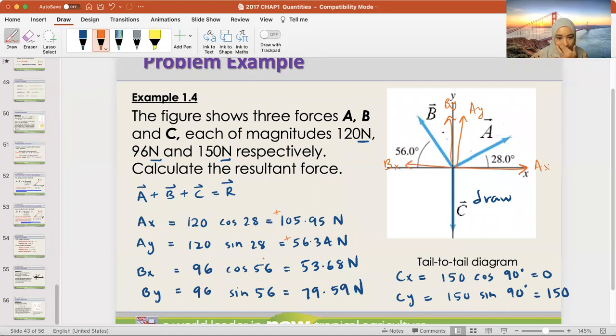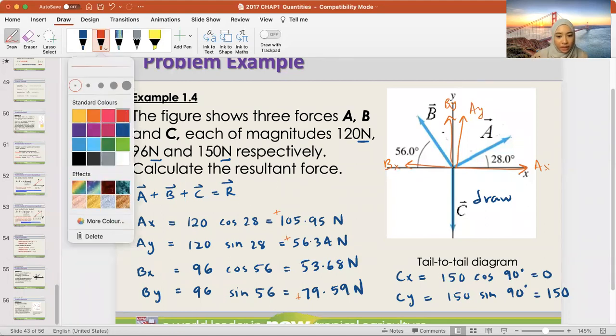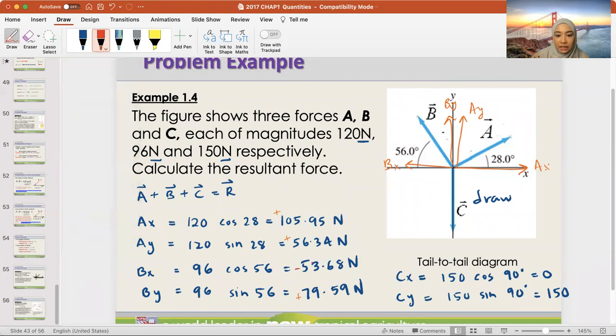But our BX here is positive and our BY here is positive. So BY is okay, but our BX is not negative if we use this value. So how do I correct this so that I get the negative value? Can anyone try? Jawapan ni separa betul. How do I change this equation so that I get a negative in my answer?